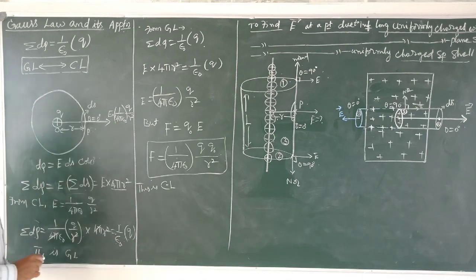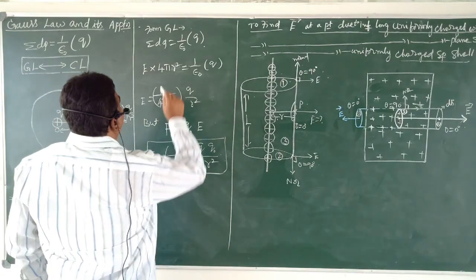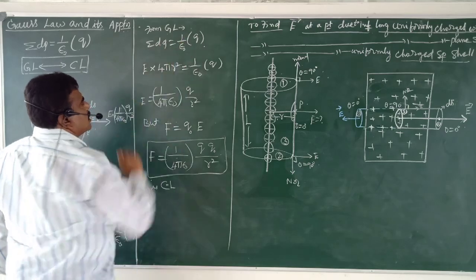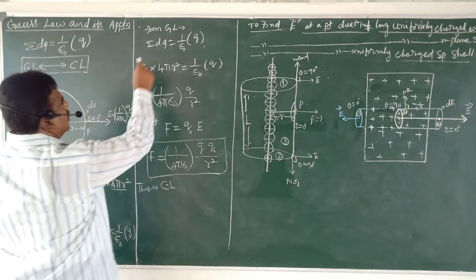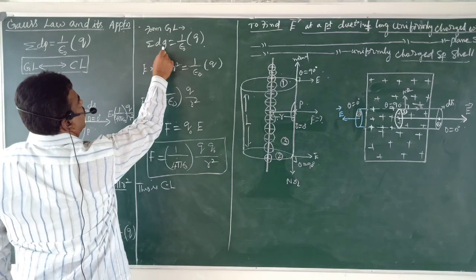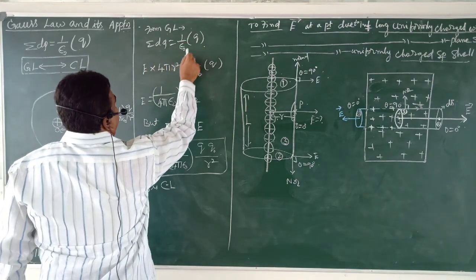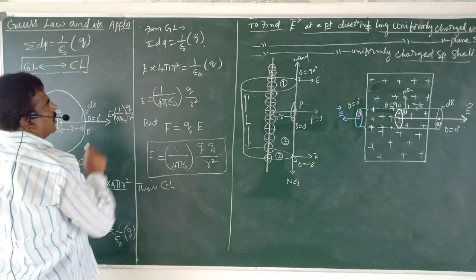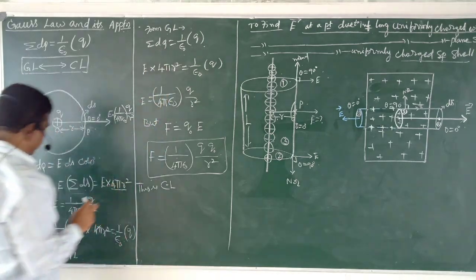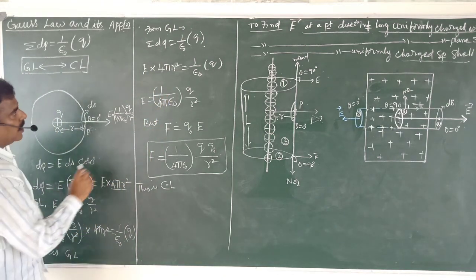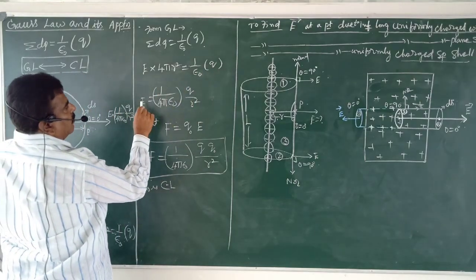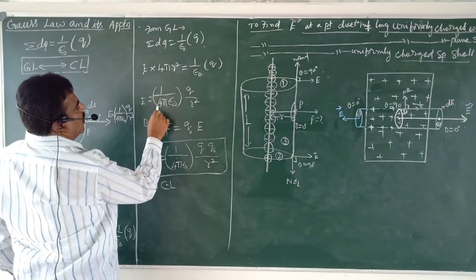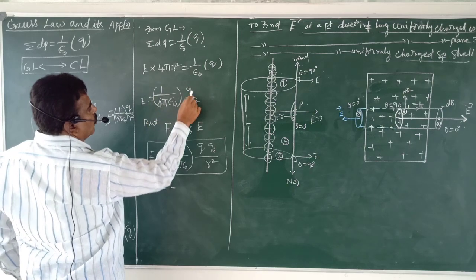Similarly, now by using Gauss law, we shall deduce Coulomb's law. We know that from Gauss law, summation of flux equals 1 by epsilon naught times the charge. If we substitute for the total electric flux what we have calculated here, then if we simplify, we will get E equals 1 by 4 pi epsilon naught q by r square.